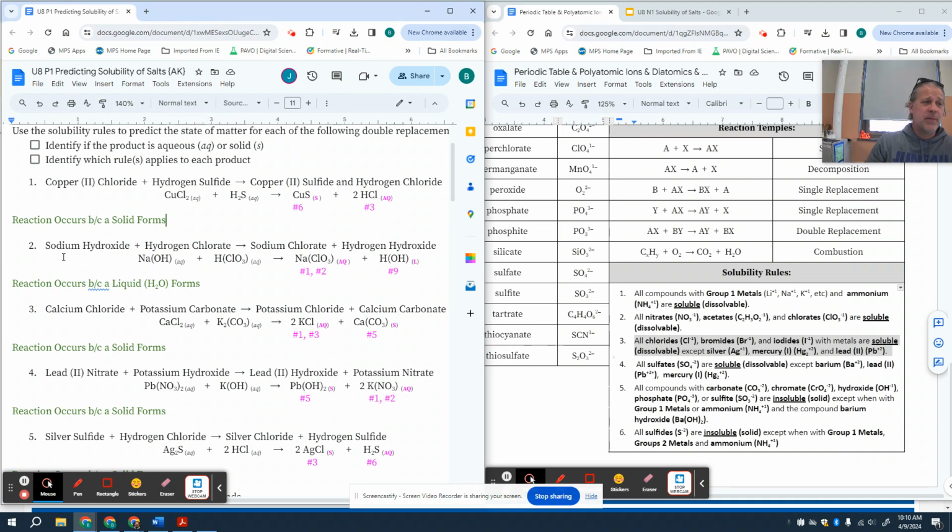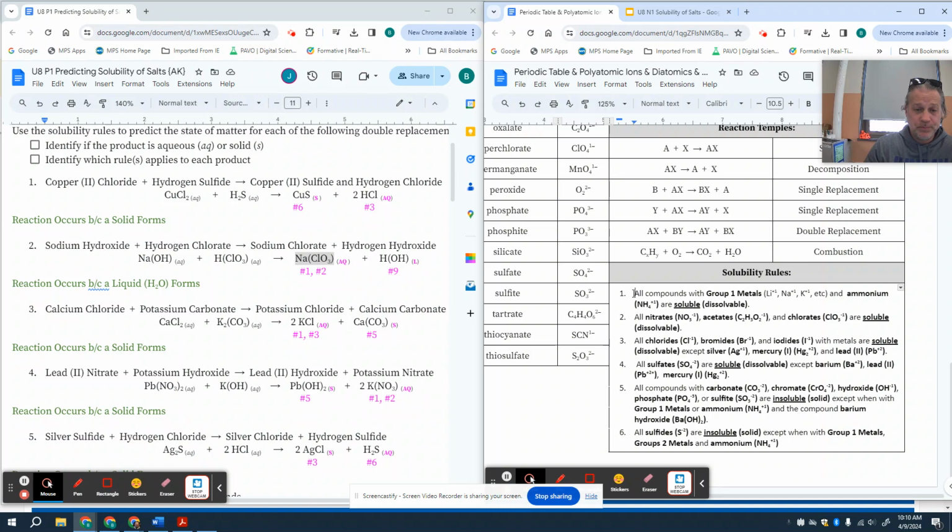So here we have again sodium hydroxide reacting with hydrogen chlorate to produce sodium chlorate as a product and hydrogen hydroxide as a product. I've given you the reactant and its state of matter, and I've given you the other reactant and its state of matter. So now we're going to really only focus on this compound here, NaClO3. So I'm going to go back to my solubility rules, and I'm going to try to identify which solubility rule applies.